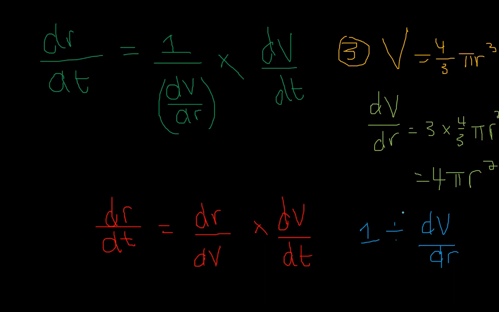Well, that's when you flip the fraction, right? So this denominator will become the numerator, and the numerator will become the denominator. So saying 1 divided by dV on dr is actually the same as saying 1 multiplied by dr on dV, and 1 times anything is itself, right? So that's why I could say 1 divided by dV on dr is actually the same as saying dr on dV.